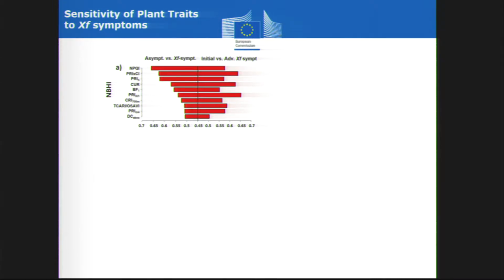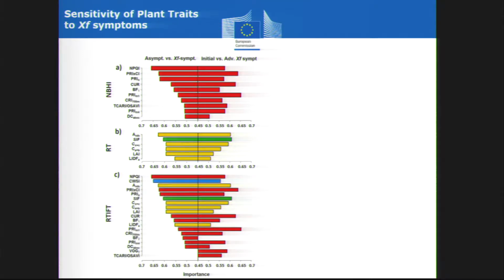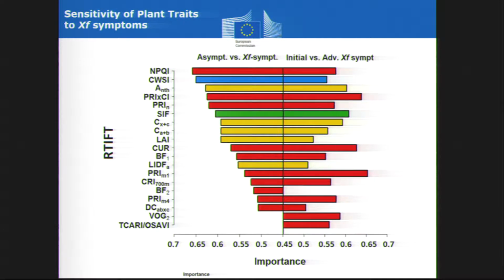We have the index-based traits, the model retrieved traits, and also a combination of different traits obtained by this hybrid methodology. If we concentrate on this one, we can see, quite interestingly, that chlorophyll degradation index is one of the most related or sensitive to the differentiation between asymptomatic and symptomatic trees.